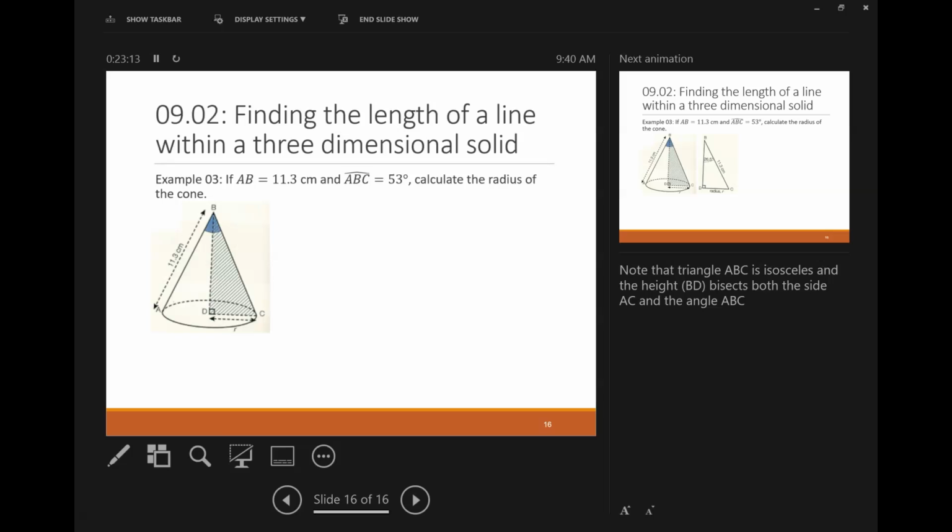What do we know here? What information can I fill into this triangle BDC? What's the length of BC? 11.3. Everybody agree with that? What's the angle for DBC?